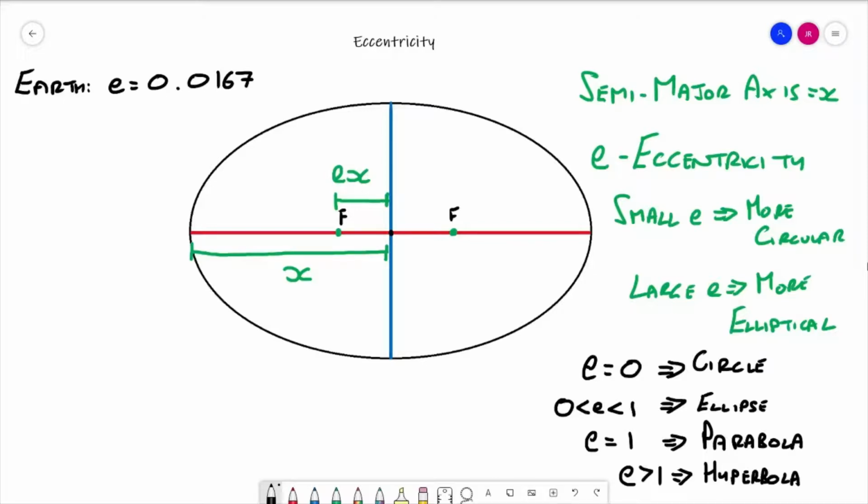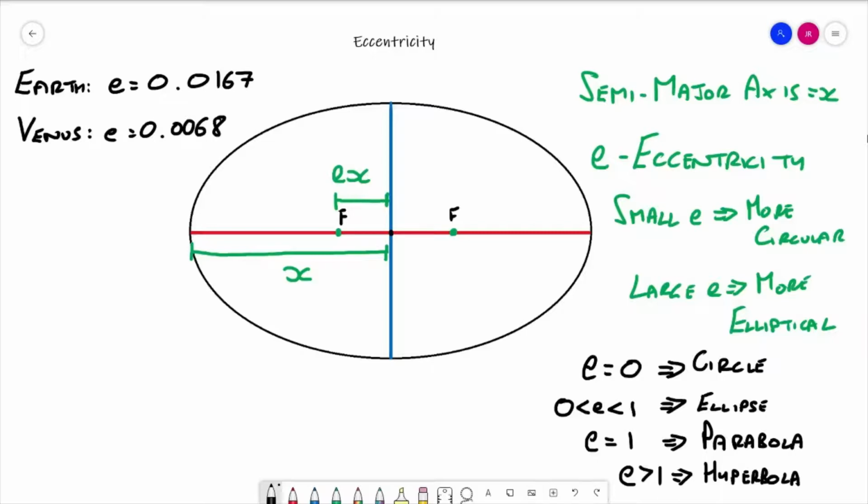Now, in our solar system, Earth's orbit isn't the least elliptical that we have. Venus actually has the least elliptical orbit, where e is 0.0068. So again, a very small eccentricity for Venus. Venus is the smallest, Neptune is next smallest, and Earth has the third smallest eccentricity out of the planets that orbit the Sun.